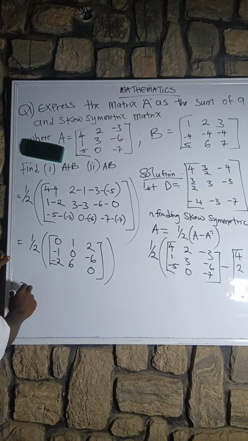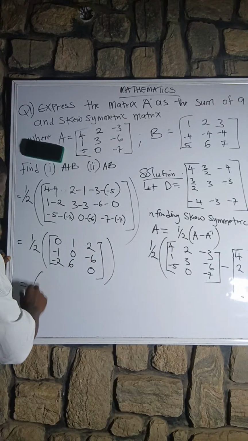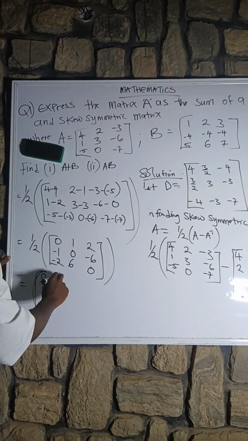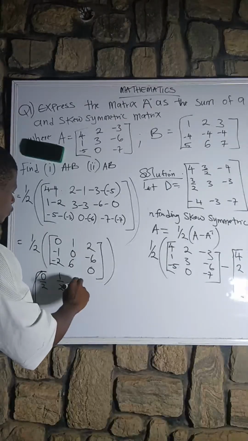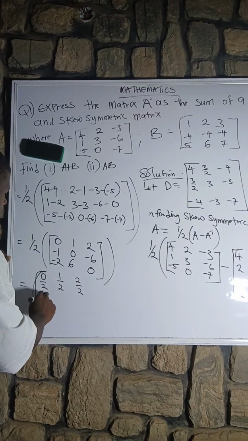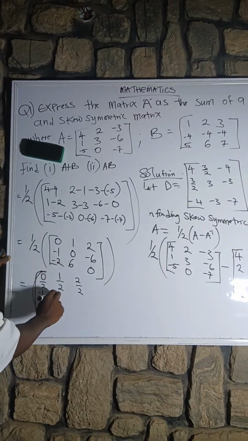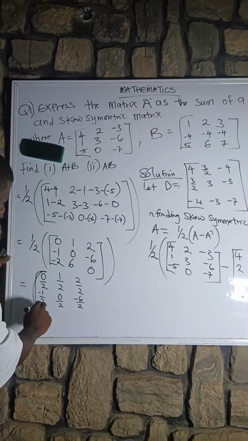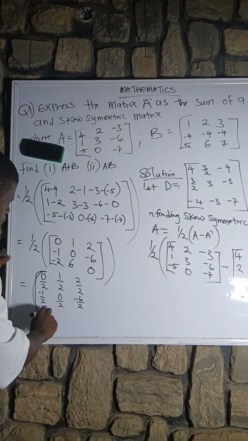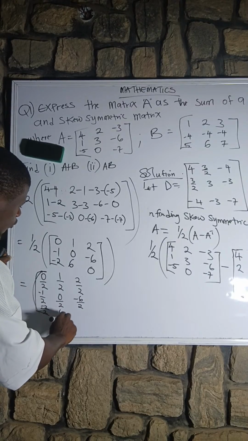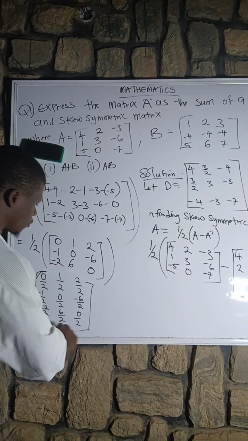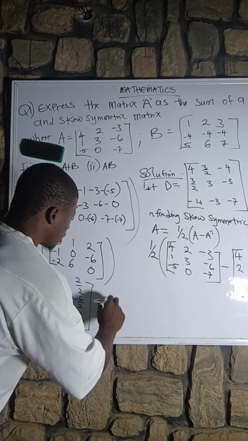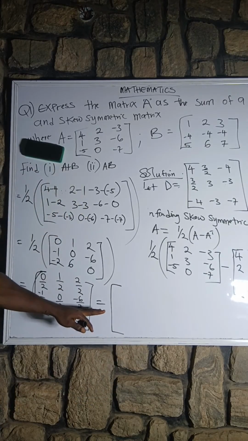So this is going to be matrix 0 all over 2, 1 all over 2, 2 all over 2, minus 1 all over 2, 0 all over 2, minus 6 all over 2, minus 2 all over 2, and then 6 all over 2, and 0 all over 2. See? So now we are going to be finding the final answers.